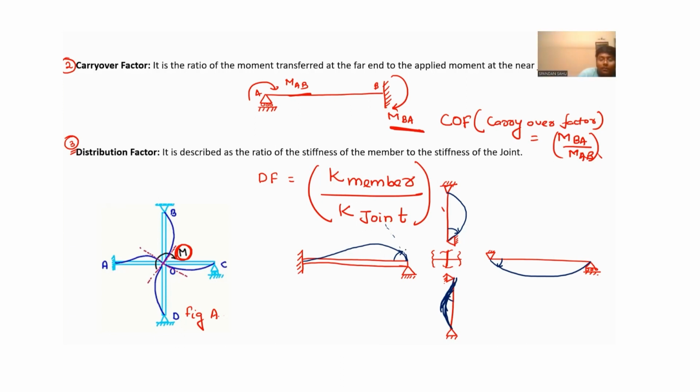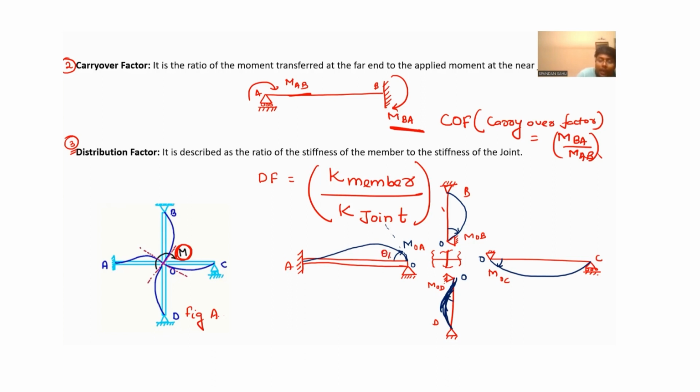Now this movement will be M. This is O. All these points are O only, separated to show you how these are done. Here the moment required for this rotation will be MOA, here it will be MOB, MOC, and here it will be MOD.